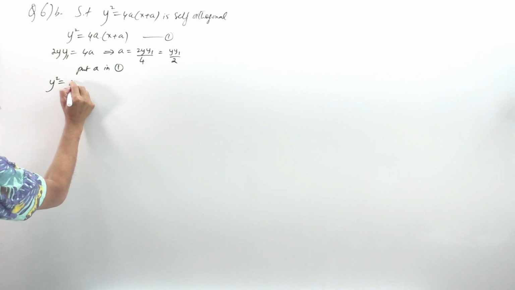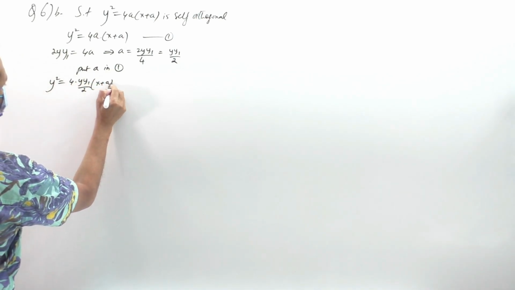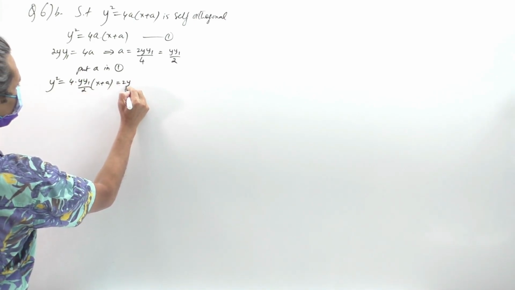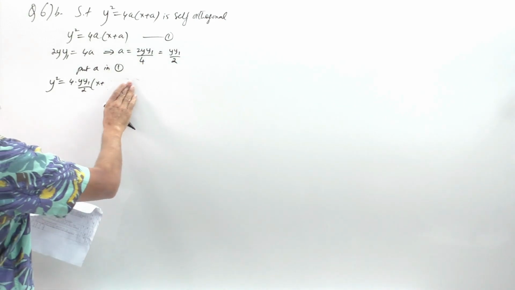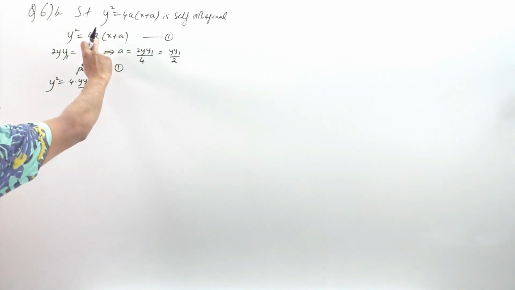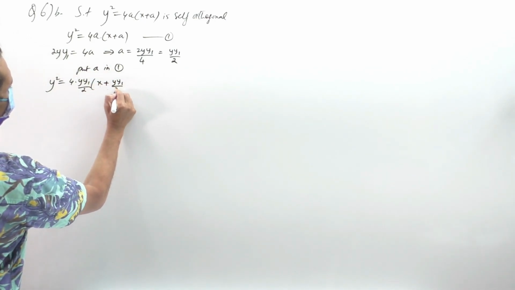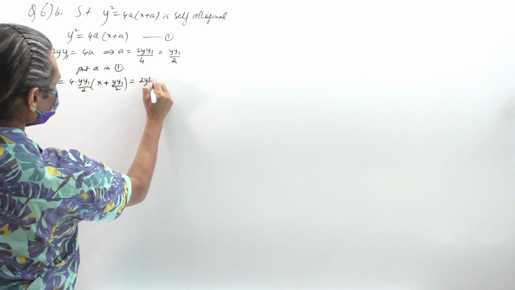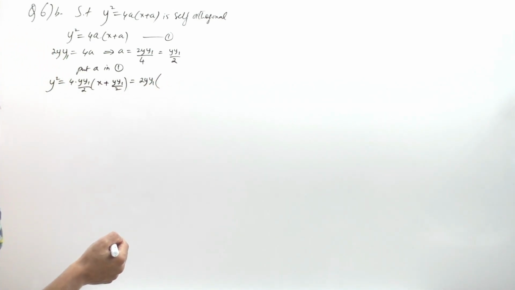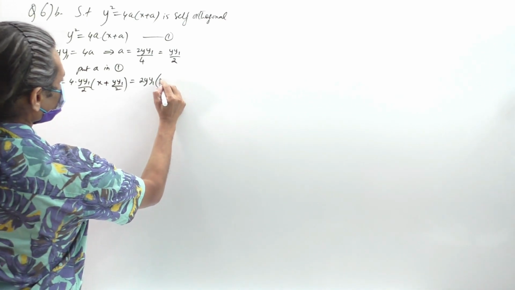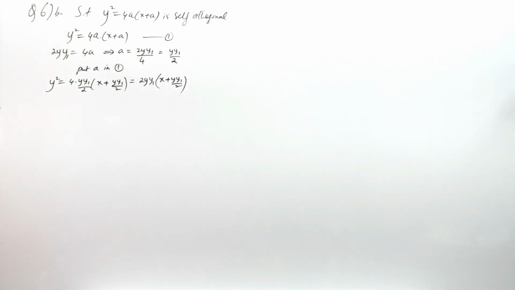So y square is equal to 4 into y1 by 2 into x plus a, that is x plus y1 by 2, and that will be equal to 2y y1 into x plus y1 by 2, fine, am I right? Okay. Now let us open the bracket.